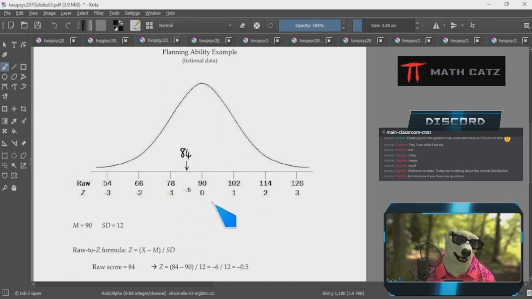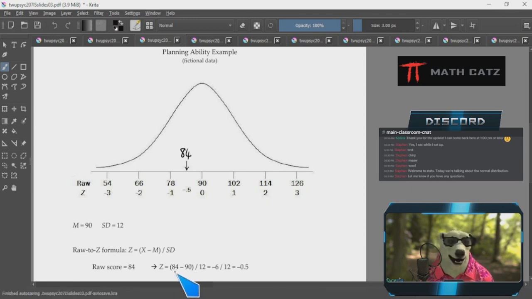Instead of every time saying, well, the mean is 90 and the standard deviation is 12, so I'm sitting a little bit to the left. How far to the left? The z-score captures all of that right away. I calculate it, still the x, regardless if it's bigger or smaller, minus 90, everything divided by 12, I get negative 0.5, and that right away tells me it's half a step to the left of the center.